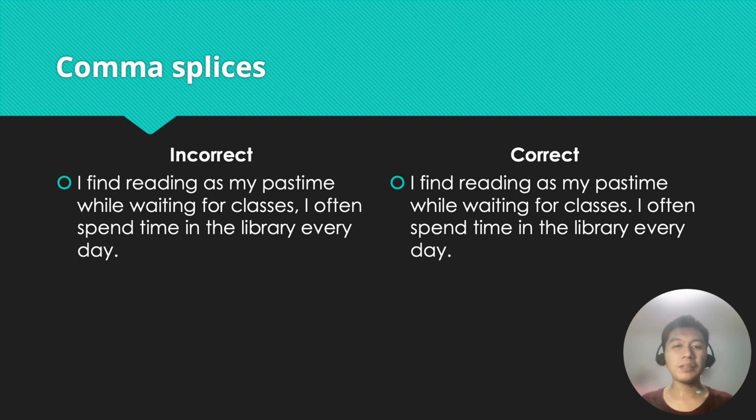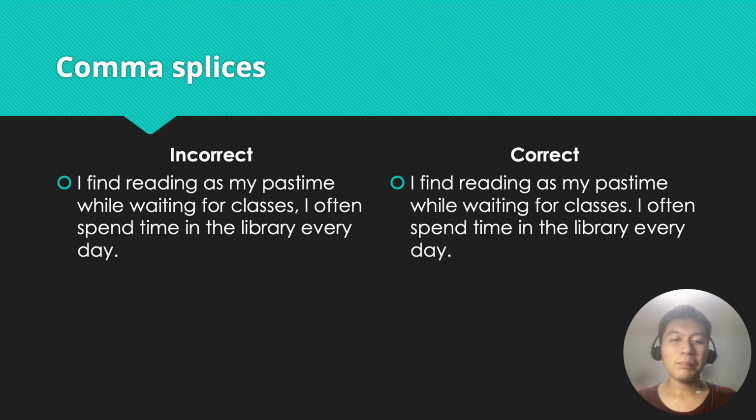Next, we have comma splices. Do not link two independent clauses with a comma. Instead, use a period or semicolon or rewrite the sentence. Here's an example below. I find reading as my pastime while waiting for classes. I often spend time in the library every day. So what's wrong with that sentence?